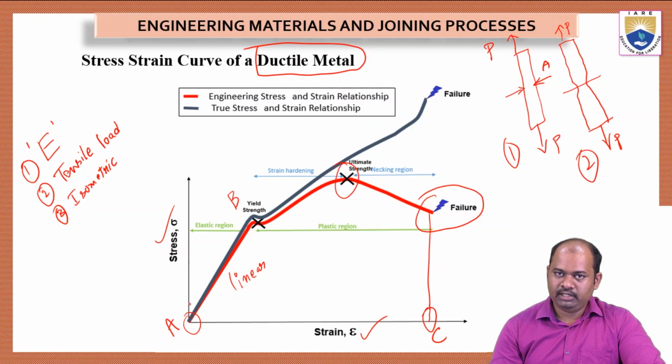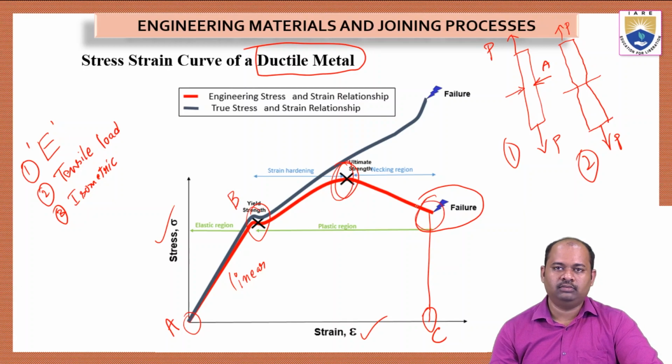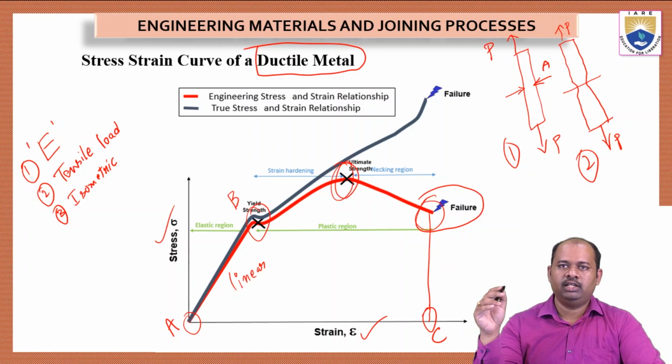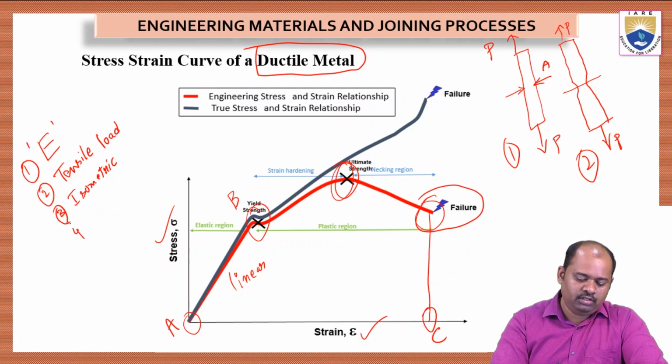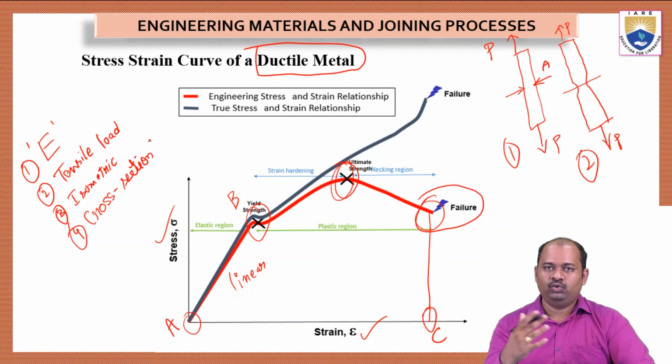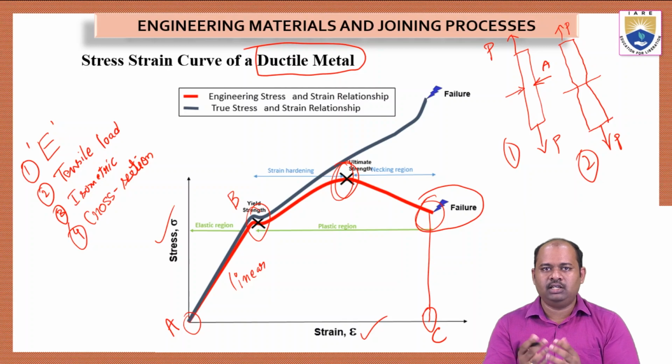Now, we have studied this red colored curve, starting from A and going up to yield strength, then ultimate strength, and finally failure. So this is the curve that is generated theoretically. But we have taken an assumption that the cross section area is the same throughout the process, which is not true, because when we apply load, the cross section is decreasing.